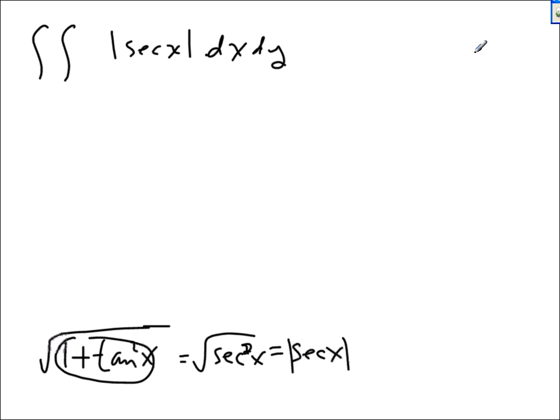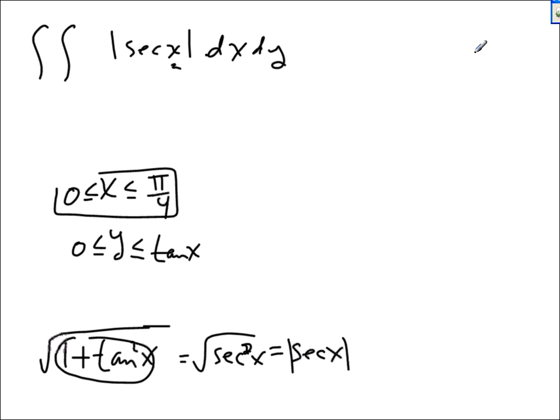And now I'm going to give you the region. x is in between 0 and pi over 4, and y is in between 0 and tangent x. Now, secant is the reciprocal of cosine.